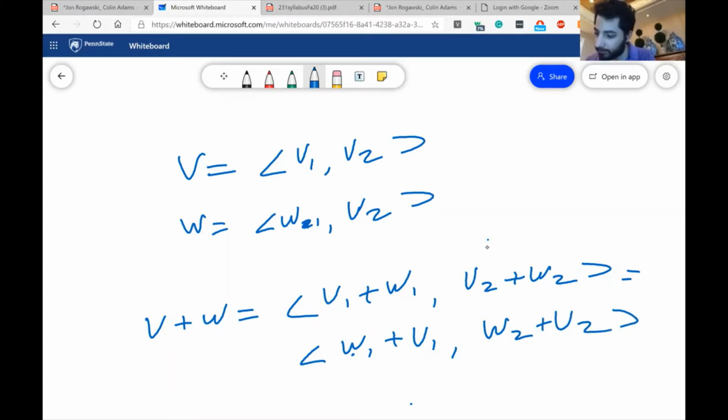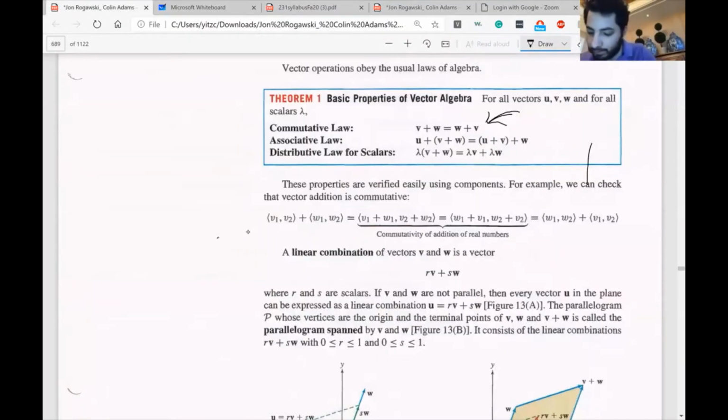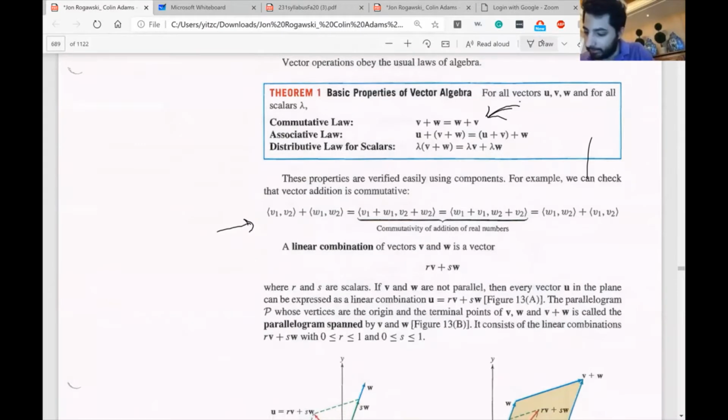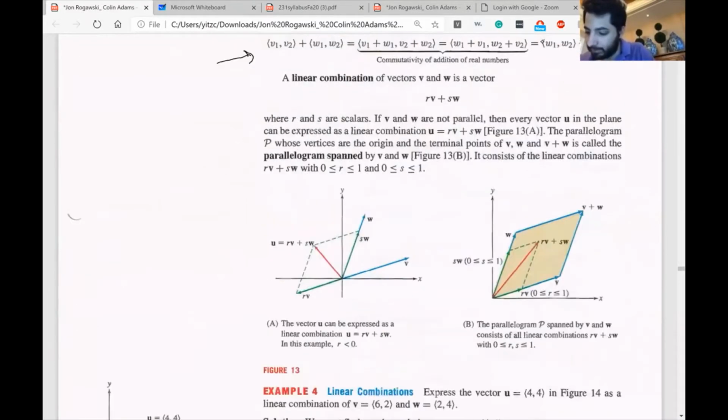Right, I just flipped these. And then this is equal to w plus v. So that's how we see that vectors are commutative, and that's what the book is doing over here. And then the next part is linear combinations, which is more relevant to linear algebra.